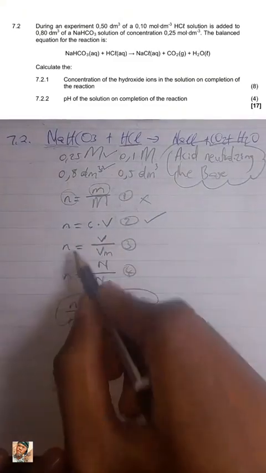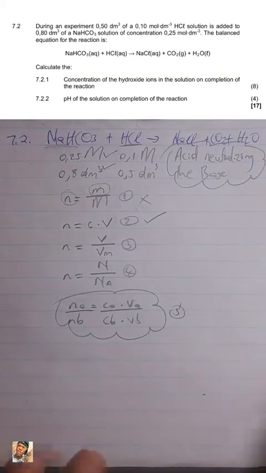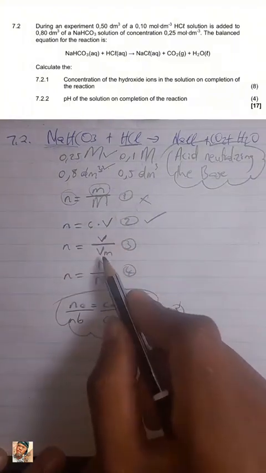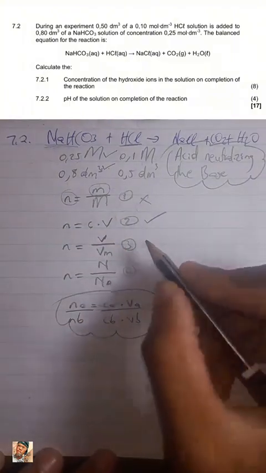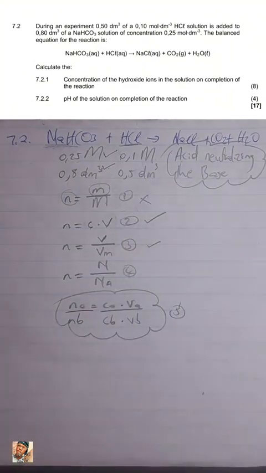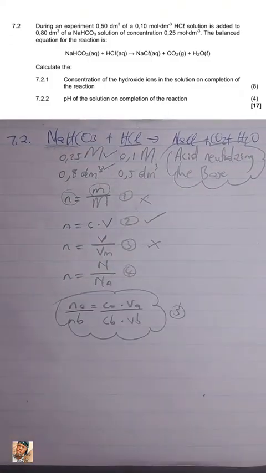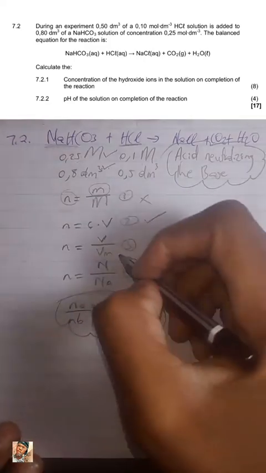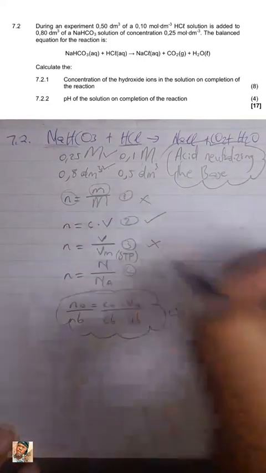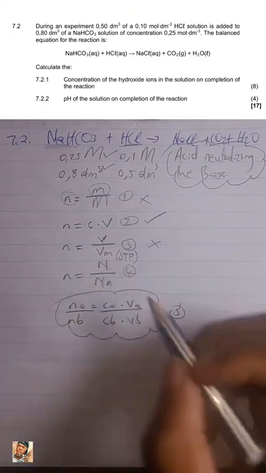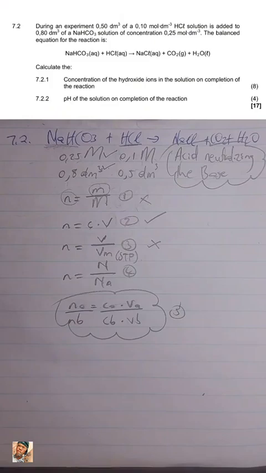What about equation number 3? For equation number 3, we do have the volume. We also do have the volume at STP, right? So that means we can technically utilize equation 3. However, the reason it is not relevant in this question is that we do not know the conditions of this reaction. They have not told us that this reaction is taking place at STP, which is the standard temperature and pressure, where standard temperature is 0 degrees and the standard pressure is 101.3 kilopascals, right?